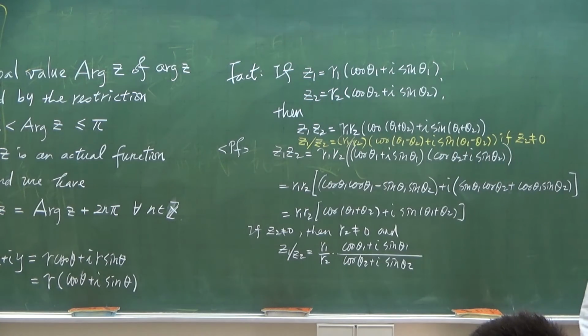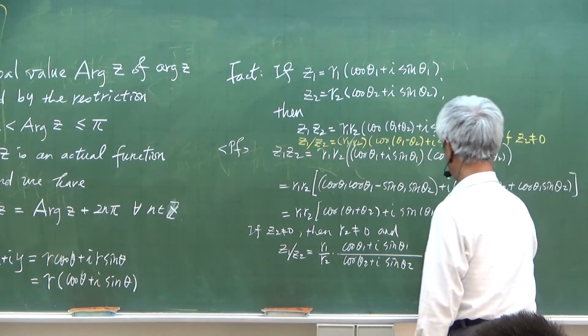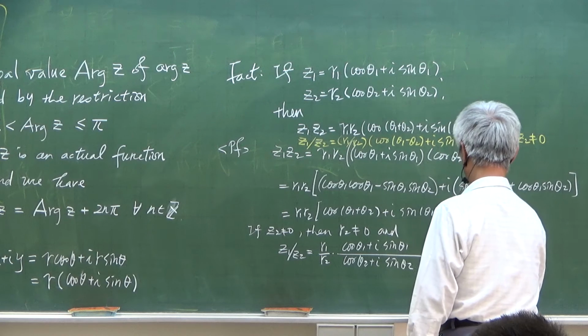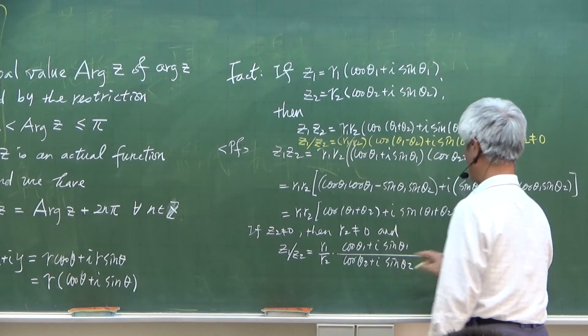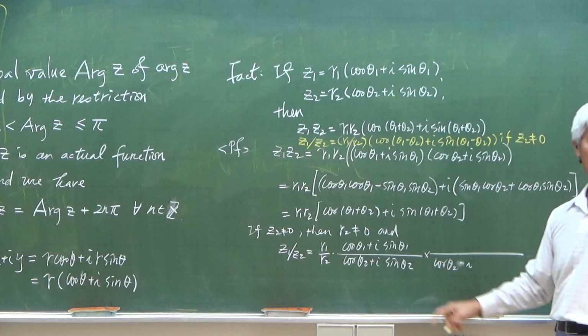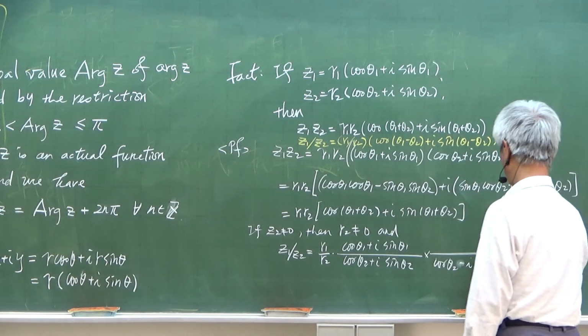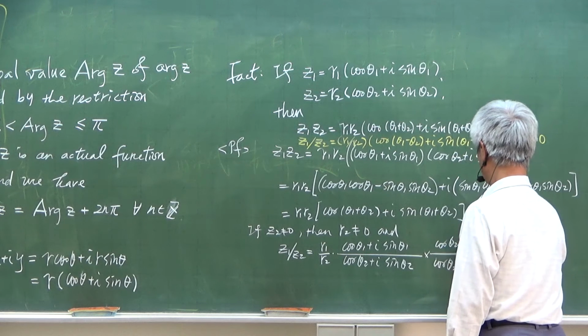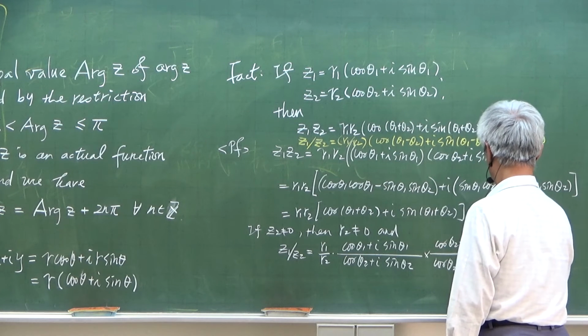We multiply by the complex conjugate of the denominator. This is very common to perform in high school. So we have cosine theta 2 minus I sine theta 2.